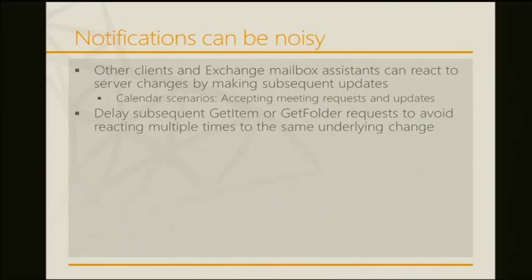If you're trying to go out and retrieve those changes as they come in, and you just put a couple second delay in there, that gives the actions Outlook is taking enough time to finish, and then you can settle and aggregate what you're looking at. So you can see that I had a bunch of changes to this item, but it was ultimately deleted, so I don't care about it. A number of changes happened in this folder, so I'm just going to synchronize it, etc. But you can get into scenarios if you're monitoring the calendar folder where you're just getting a lot of notifications and you're sending a lot of get item requests to try to keep up, and it can be hard to do that.